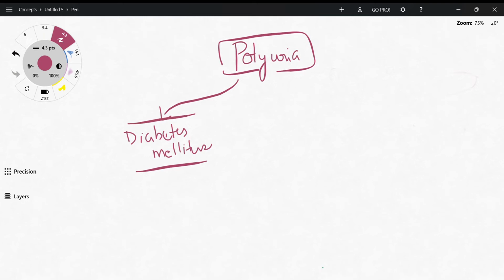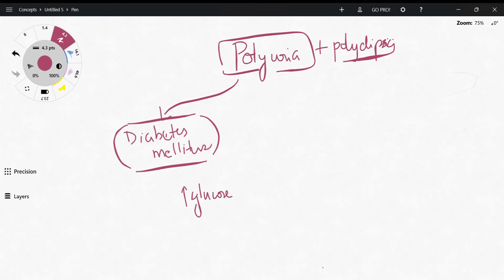So with polyuria, you can also always add in polydipsia. I mean, they pretty much go hand in hand. So what happens in diabetes mellitus is that there's going to be increased glucose in your system, and then there's going to be glucosuria, and that's going to draw water along with it, causing polyuria.